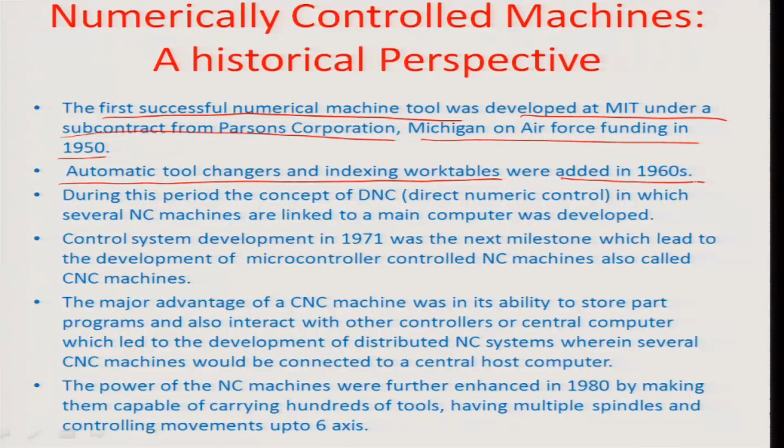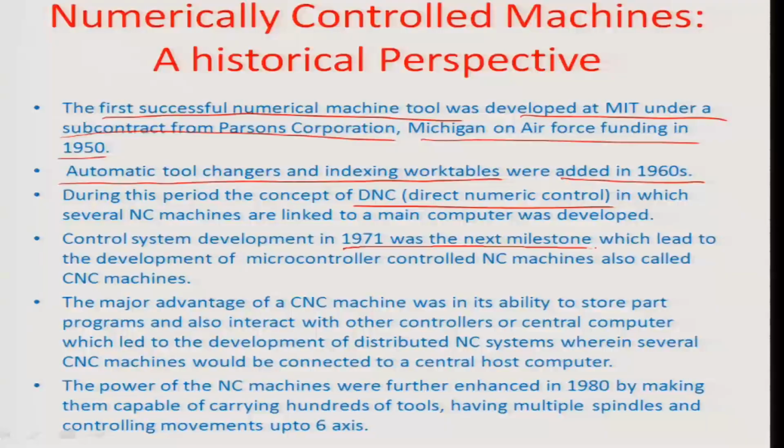People started talking about integrating such numerical control machines into one particular industry or area, where they would have direct control of a central processor governing many such NC machines. So there would be one processor governing more than one numerical control machine.